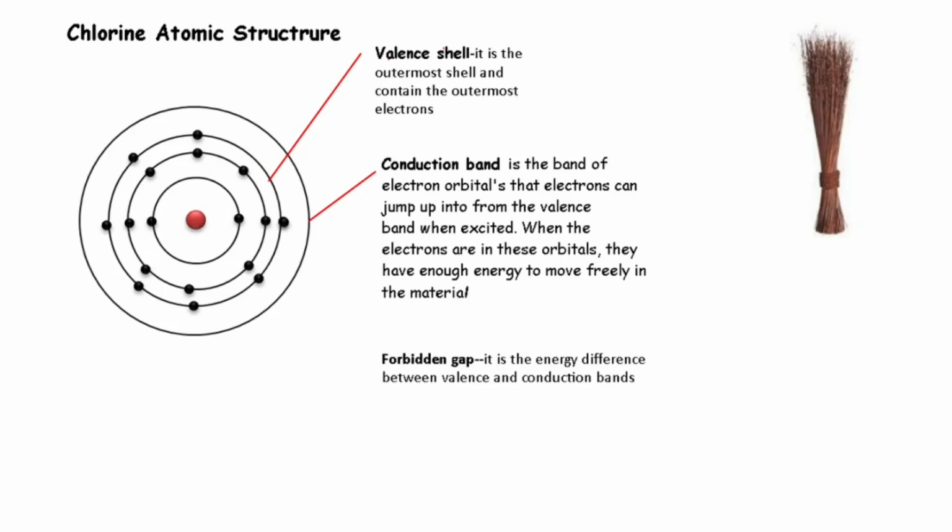And that is called the forbidden gap, or the energy gap to satisfy in order to jump into the conduction band. But sadly, it is very hard for non-conductors to jump into the conduction band because they need bigger electron volts to reach the conduction band.